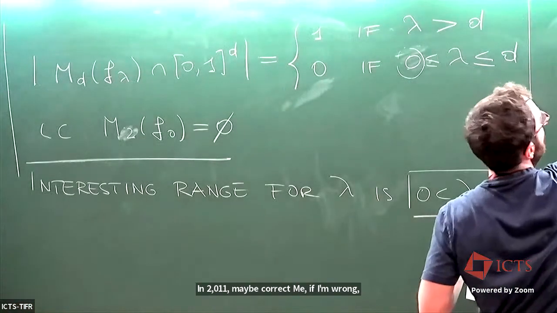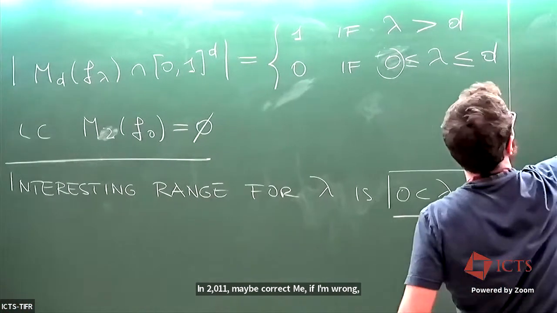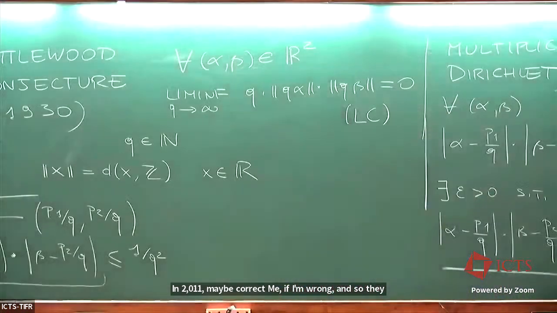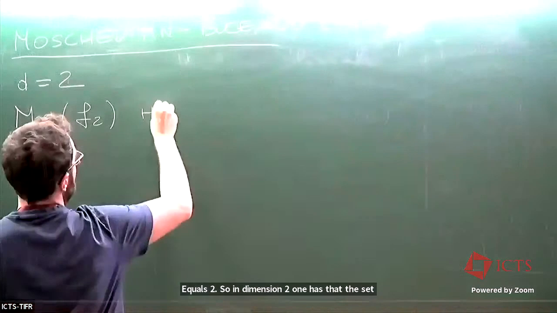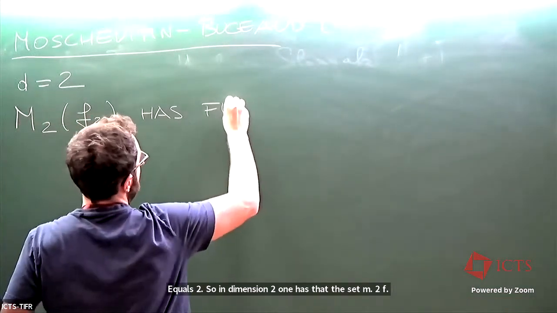And so they proved that for d equals 2, so in dimension 2, the set M2 f of 2 has full dimension.